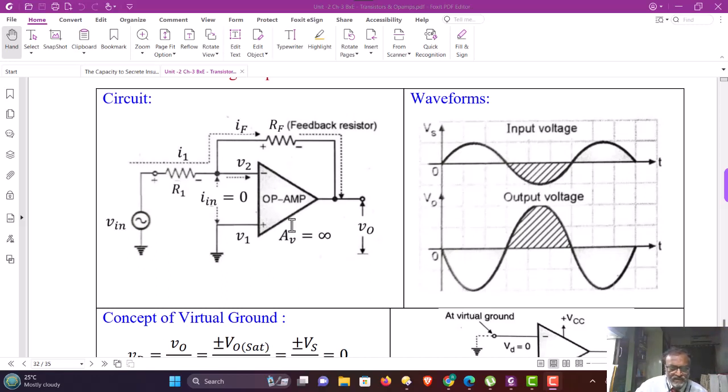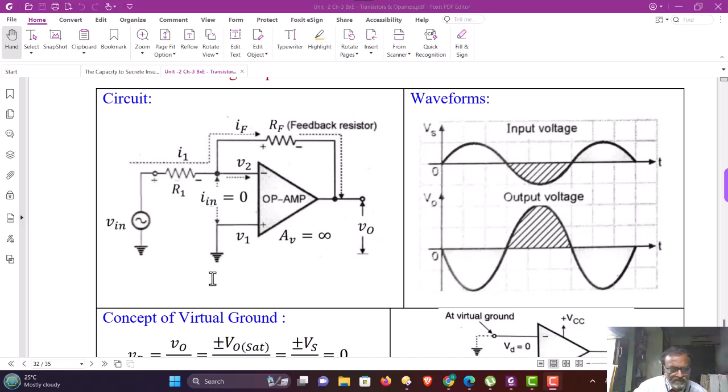We know that when the op-amp is powered with power supplies of finite values, say plus 15 and minus 15 volt, the maximum output voltage in an operational amplifier is limited to the supply voltage, means it is finite. Ideally speaking, the op-amp has infinite gain. So finite output divided by infinite gain is the input voltage, and that tends to be zero.